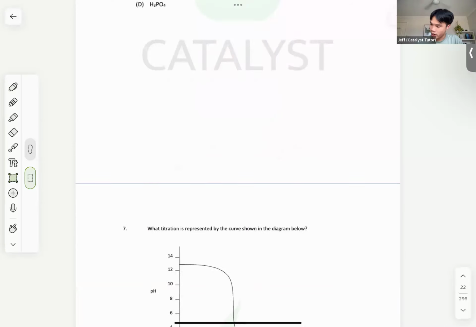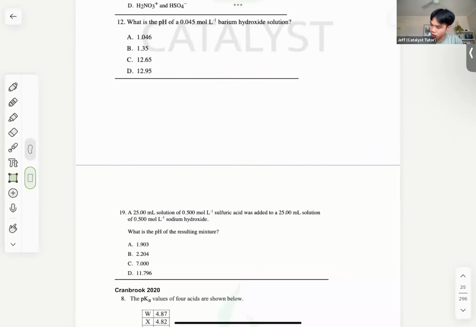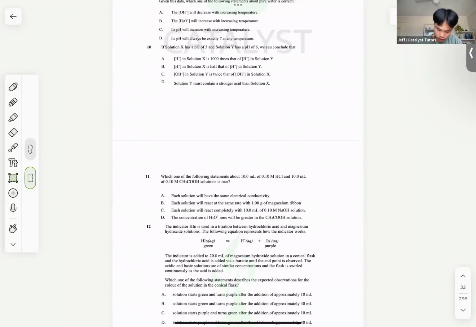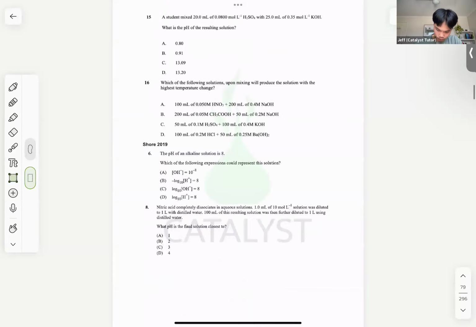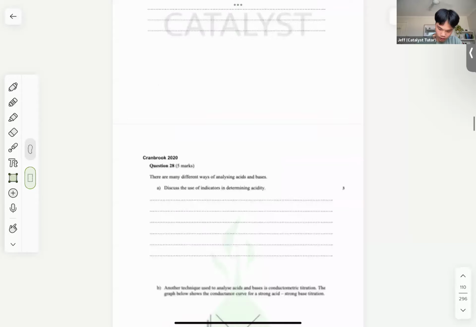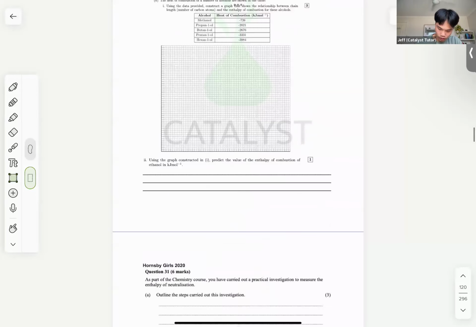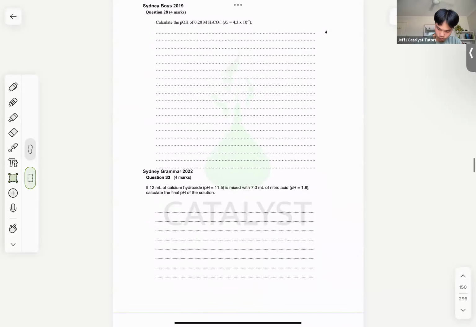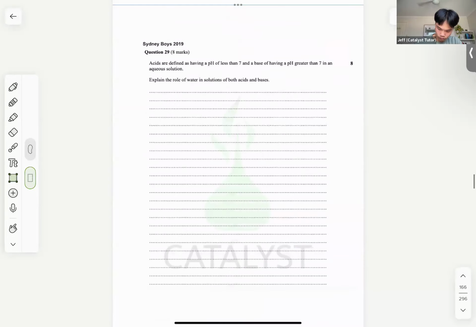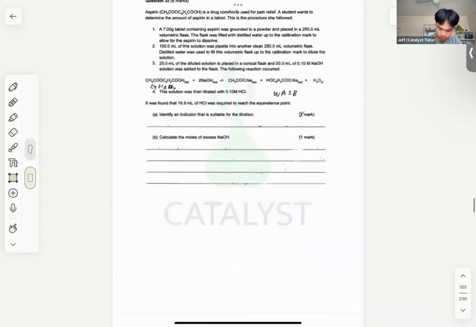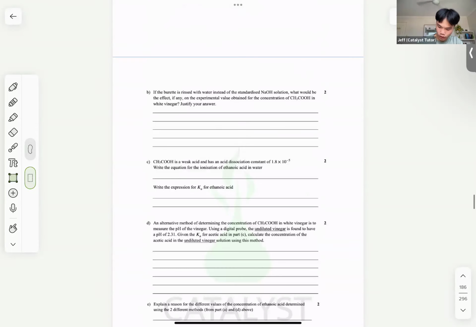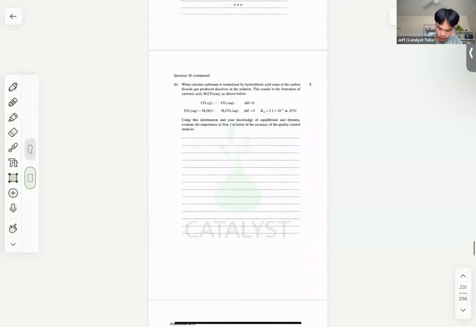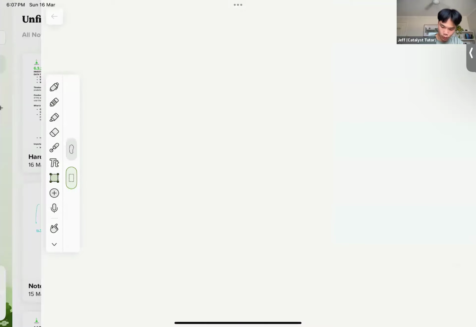So it's all the way on page... I'll have to find the page quickly. There it is. Page 225 is what we'll talk through.